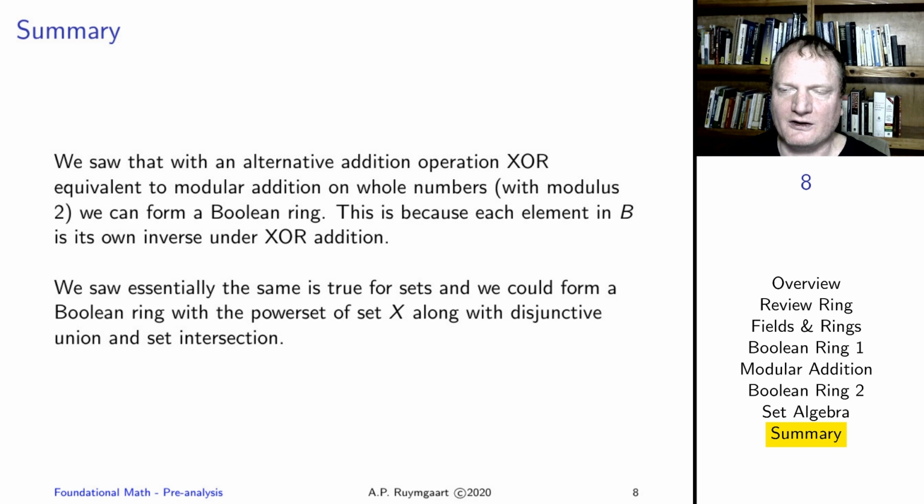So we have inverse elements, and that allowed us to form the ring along with the multiplication the way we had already defined it on Boolean numbers. And we saw that the same is true for set operations, and that the power set of any set X, the set of all subsets of X, is also a Boolean algebra or Boolean ring.